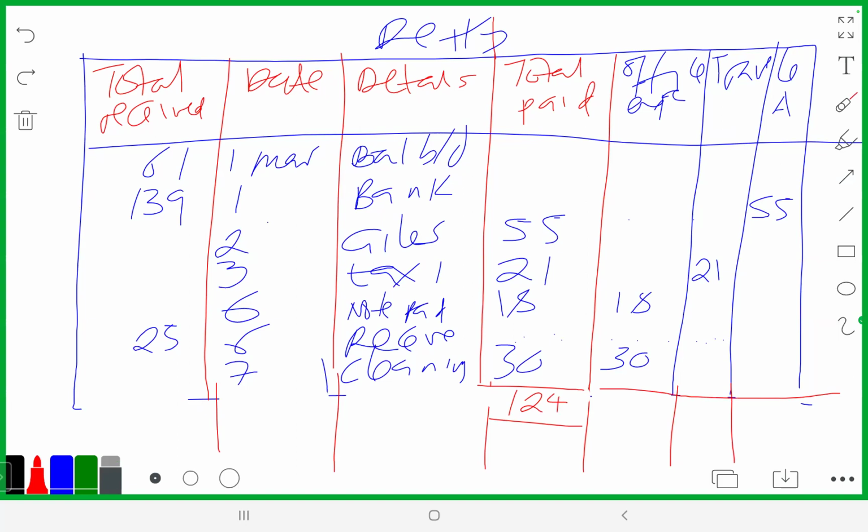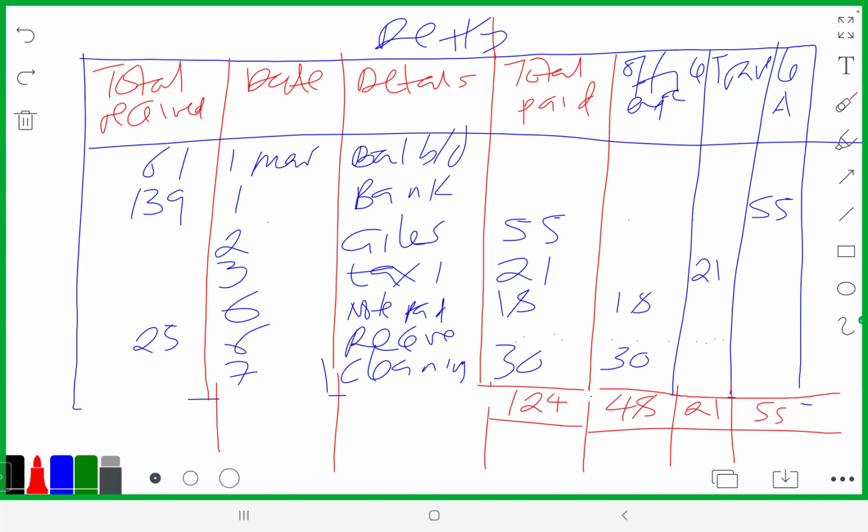Then we can add all these other columns. 18 plus 30 gives us 48. Then we have 21 here and 55 here. We add all the columns downwards. Then after adding these columns, we can now add both sides.